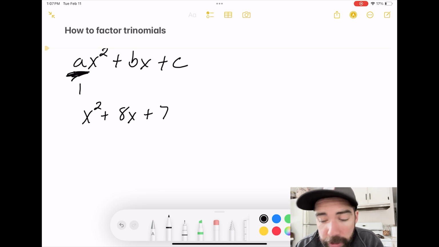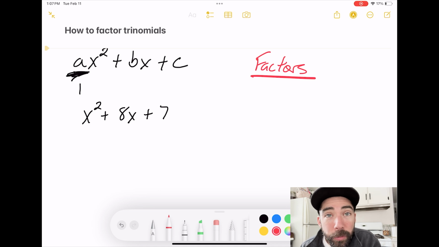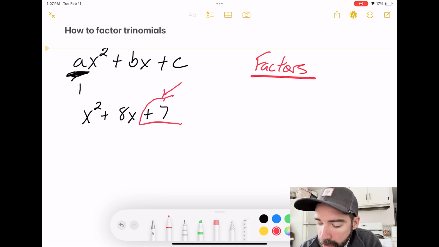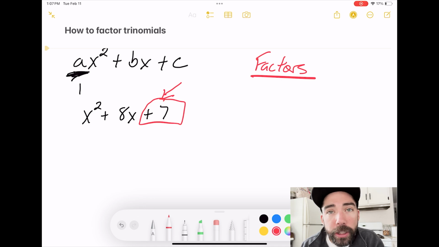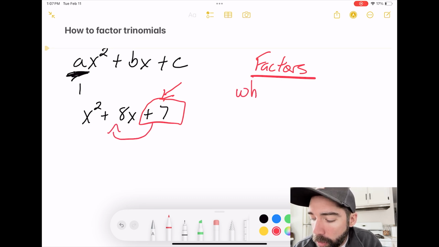What you need to do is you need to know your factors. So what's happening is we have to factor what multiplies to be this fella, include the positive there, because when it's negative, we'll need to include the negative. So what multiplies to be positive 7 that would add up to be positive 8? This is the question to ask yourself.